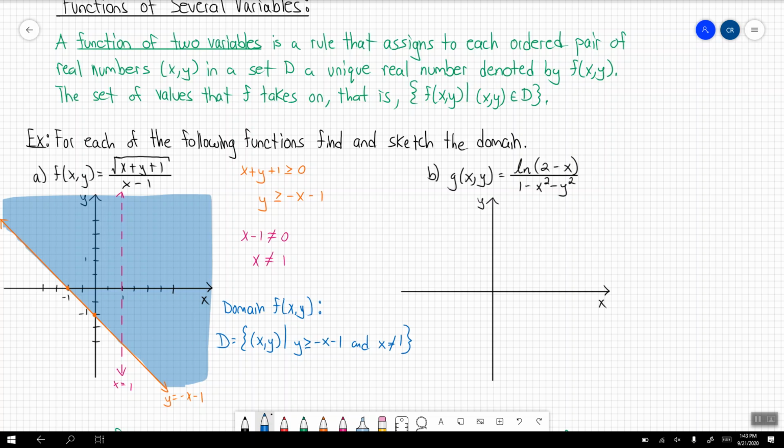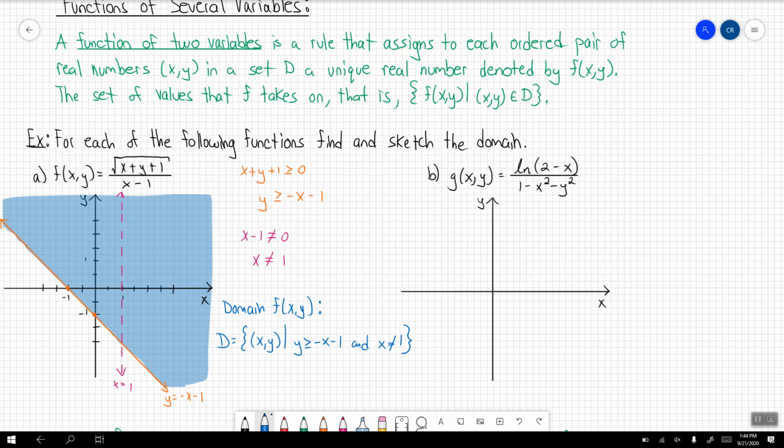As such, that is the domain of the function. And again, this domain is in set builder notation, and we want to keep using set builder notation as we proceed with a lot of our domain identifications.